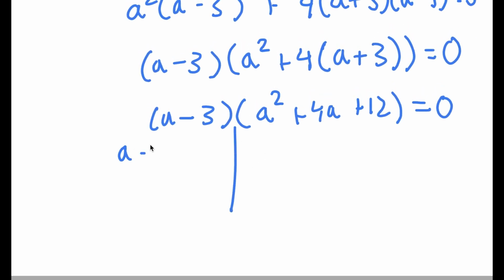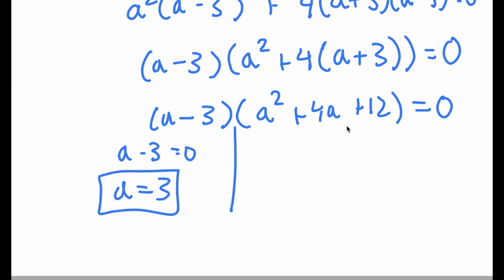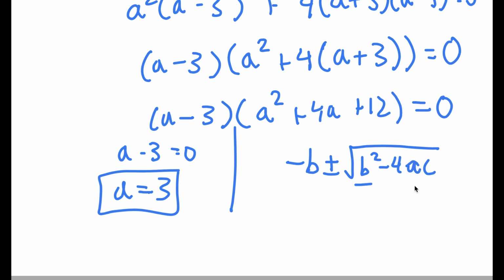I have a minus 3 is equal to 0, meaning a is equal to 3. And a squared plus 4a plus 12 is equal to 0. To solve that, we can use the quadratic formula, which is negative b plus or minus the square root of b squared minus 4ac. Let's look at this part, the square root of b squared minus 4ac. b in this case is 4.